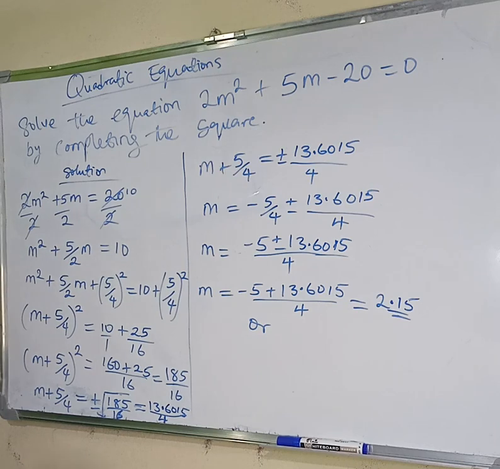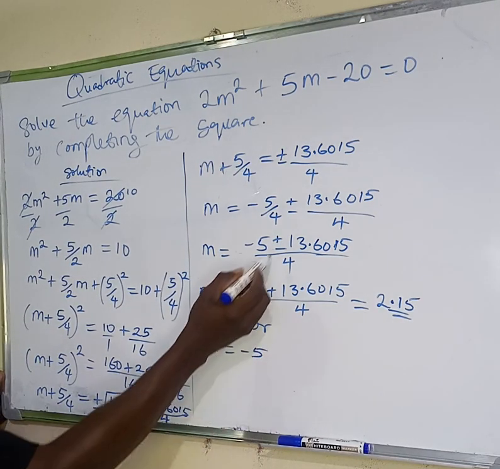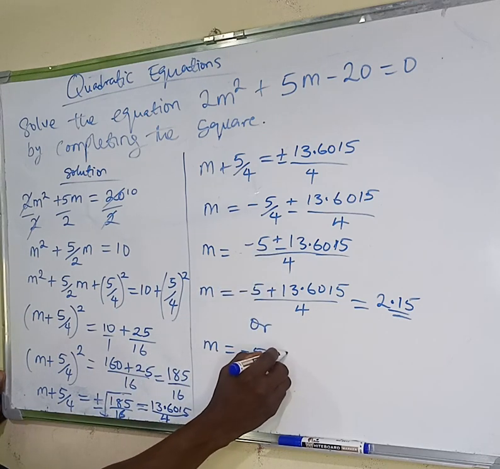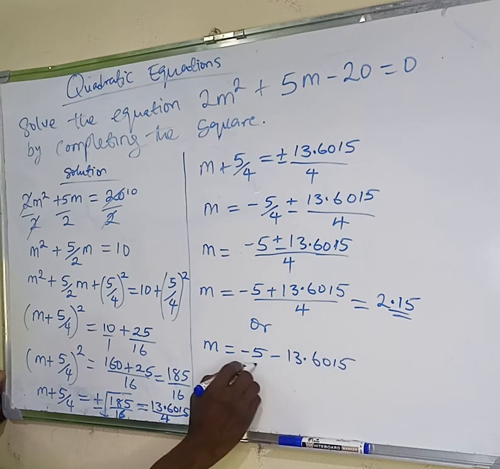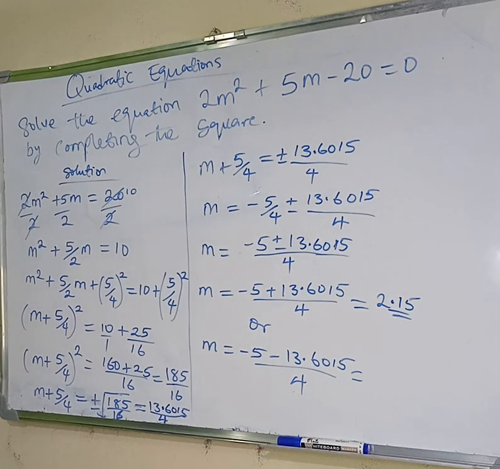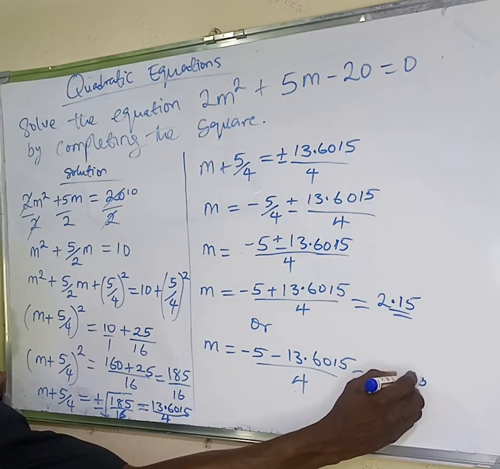Or the second value for m is that, or m will be equal to negative 5. Now, instead of choosing plus that we've already chosen before, we'll choose minus 13.6015 divided by 4, which means that we're going to get, do the arithmetic, negative 4.65.